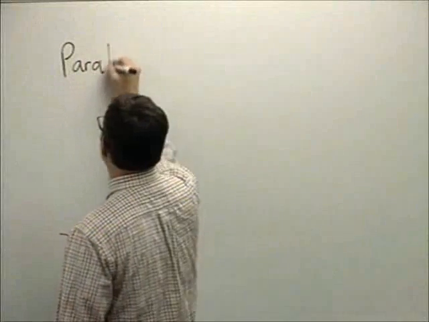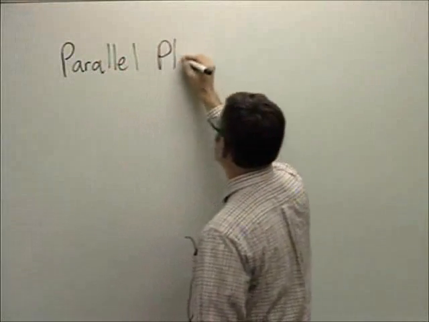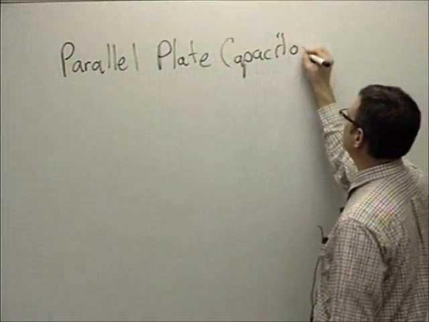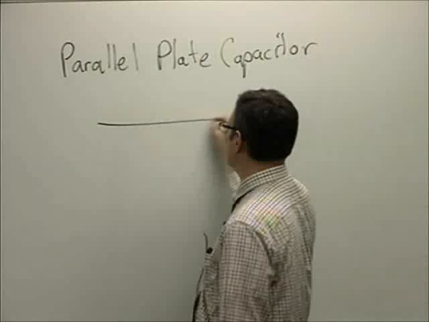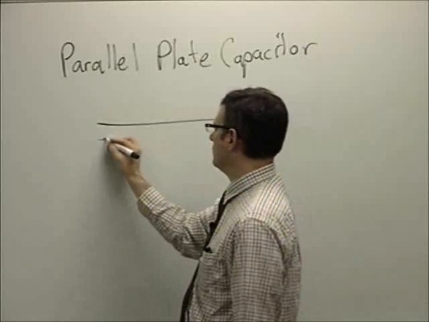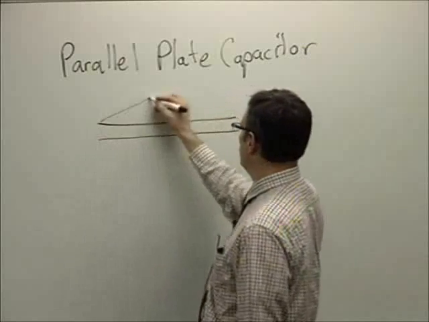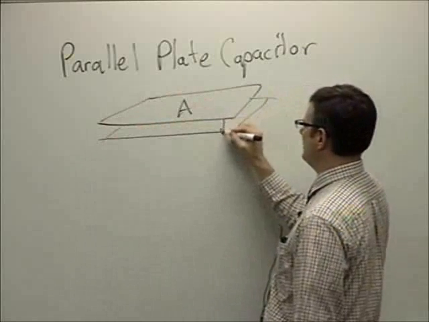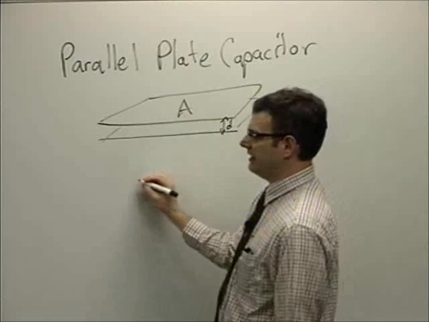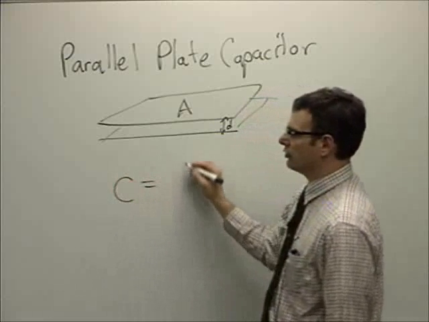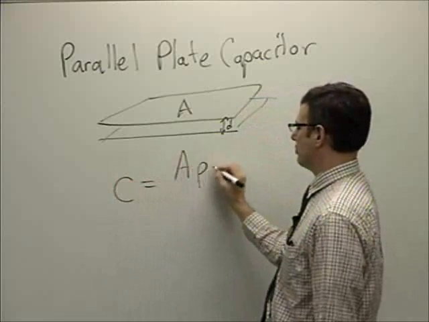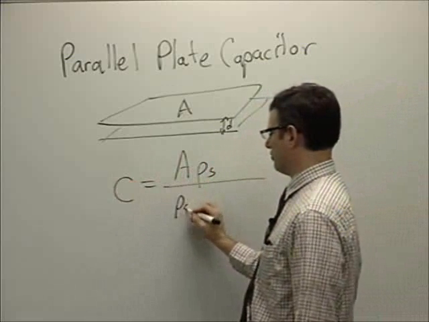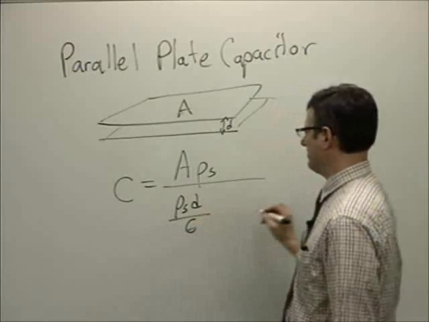For the parallel plate capacitor with area A and separation distance d, capacitance is equal to the total charge, which we said was area times rho sub s, divided by the total voltage, which we said was rho sub s d over epsilon.